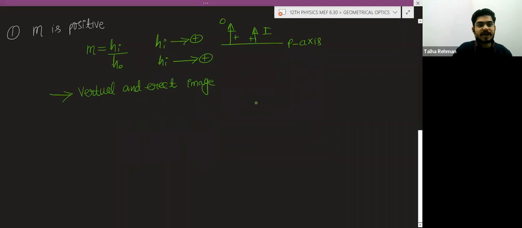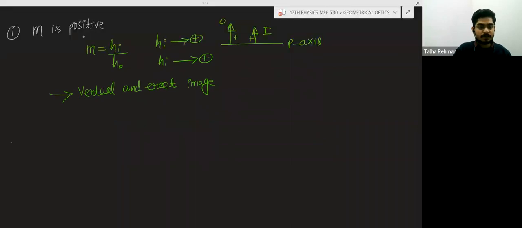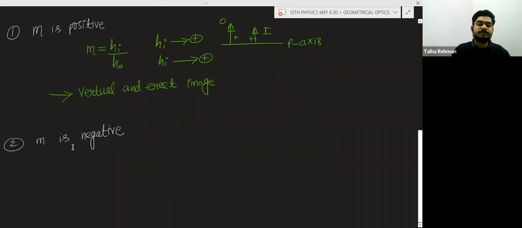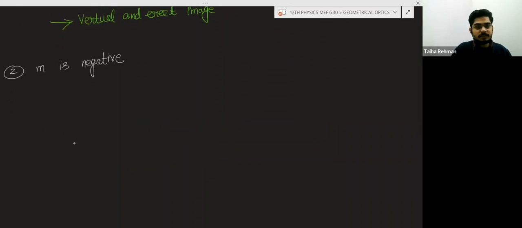Second case, if the magnification is negative. Magnification is equal to height of image divided by height of object, and for it to be negative, the sign of height of image and the sign of height of object must be opposite.